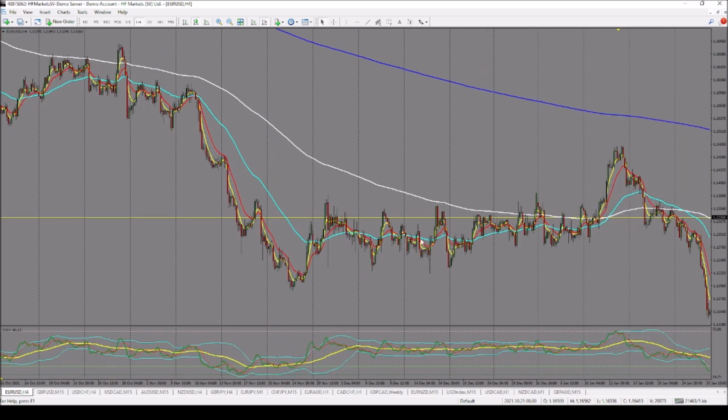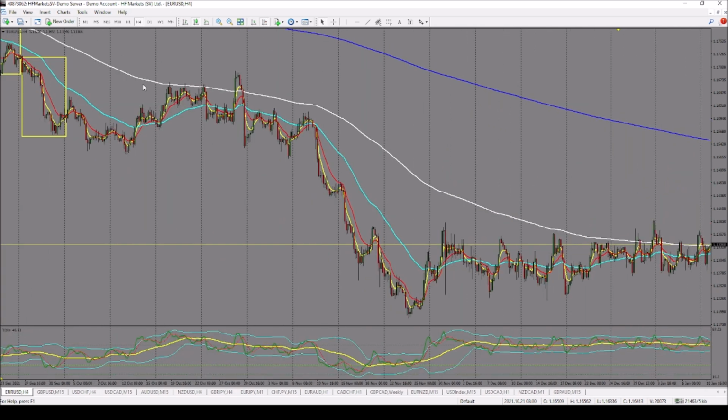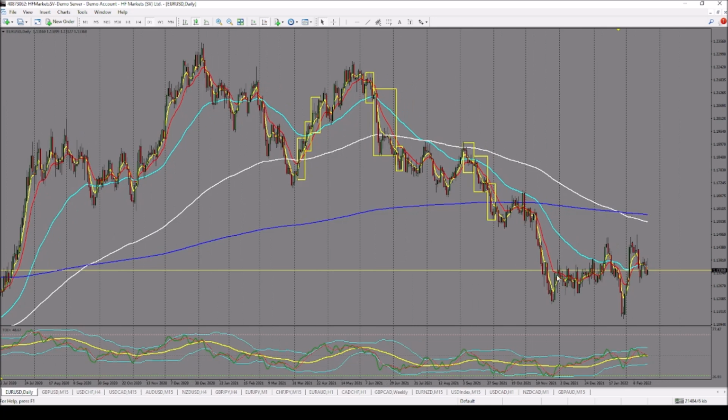So in this case we can see that the market went up and down. If we are to look at why this happened, we would see that this was now a third day peak. We now had the first daily level, the second daily level, and the third daily level.